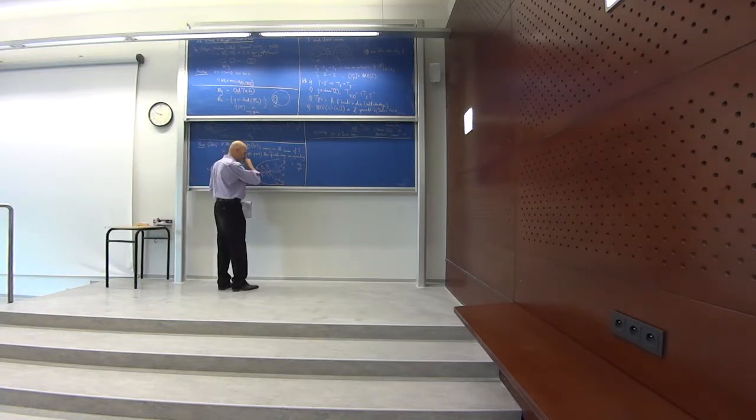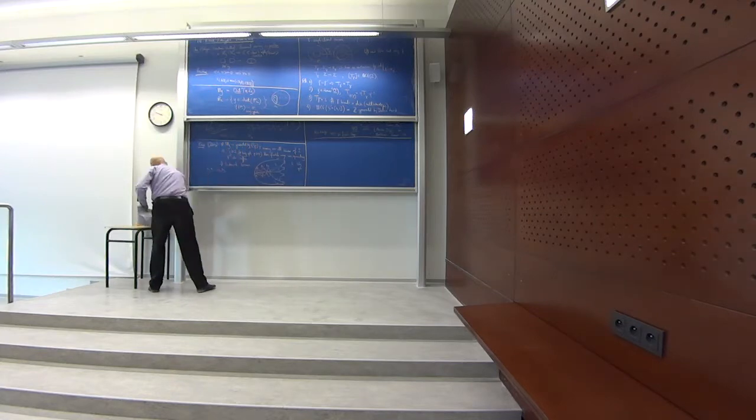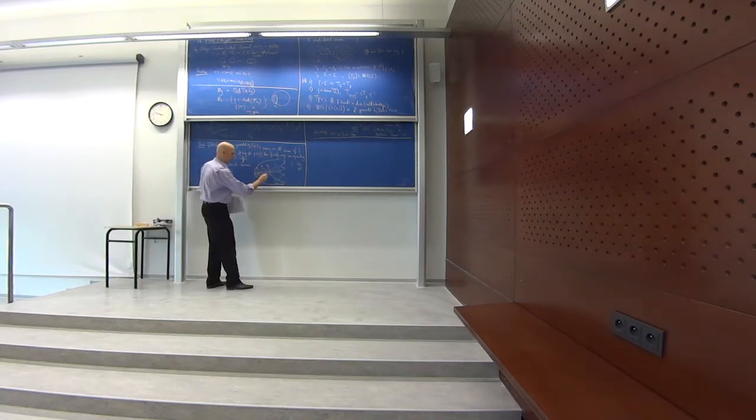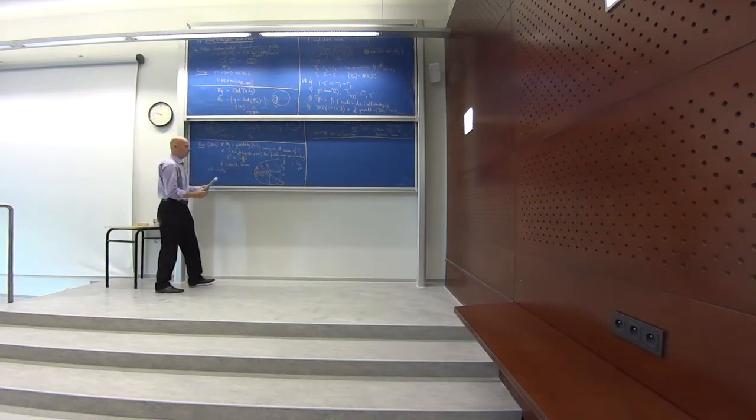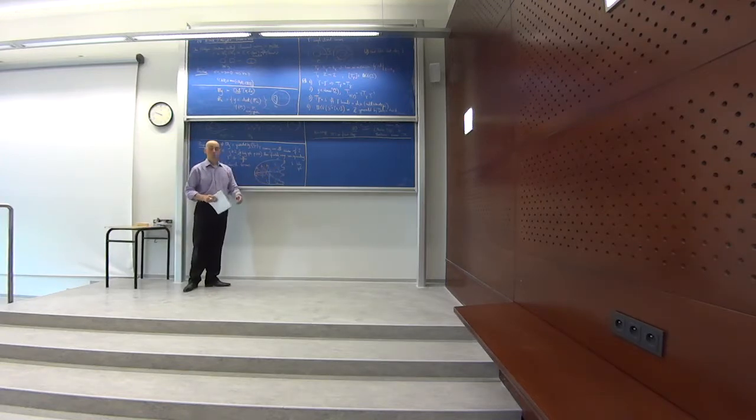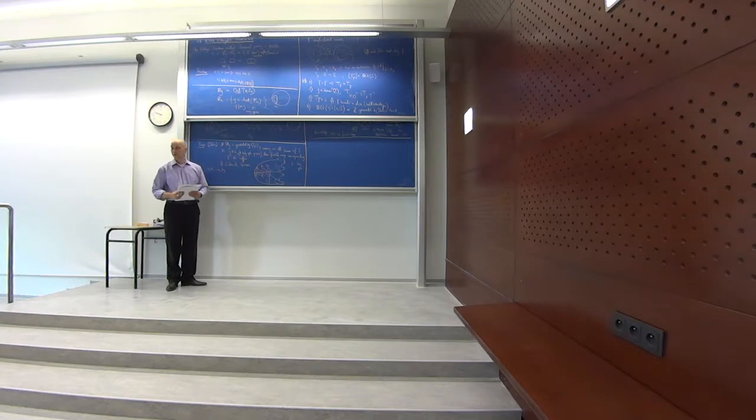I have to add one more up here, delta b. This delta b makes sense also when the number of boundary components is 0.